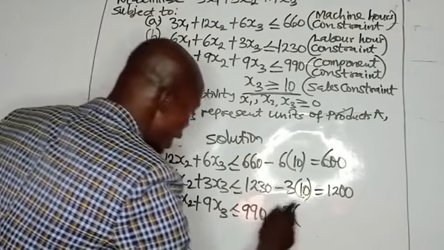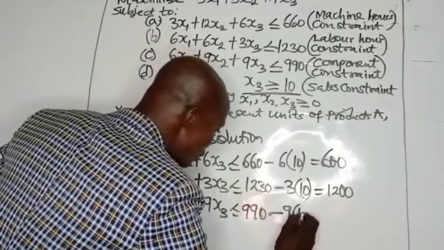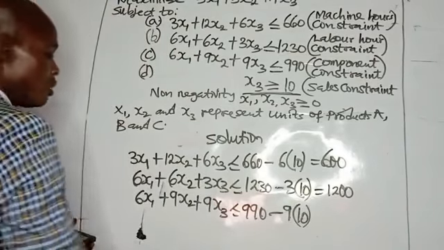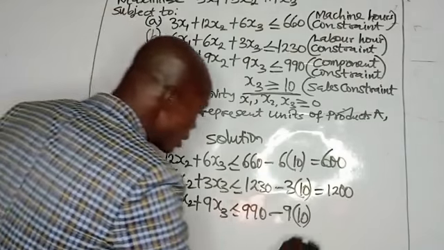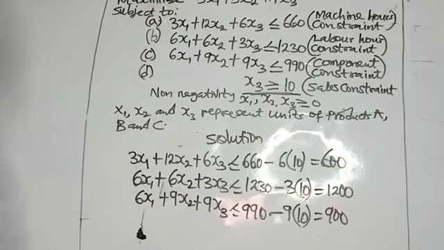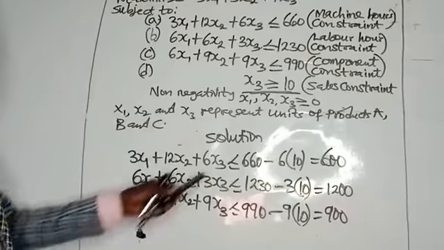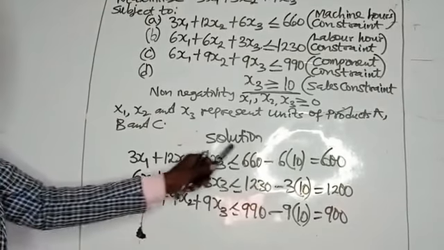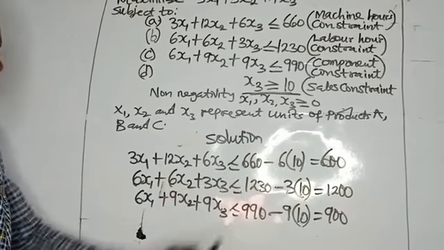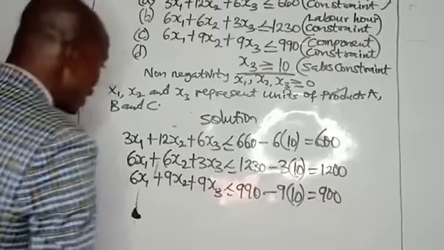Where x3 is 10, so 9 times 10, that would be 90. If you subtract 90 from 990, you'll be left with 900. So we have reduced the capacity of each of the constraints by the amount of units required to make the special constraint product.